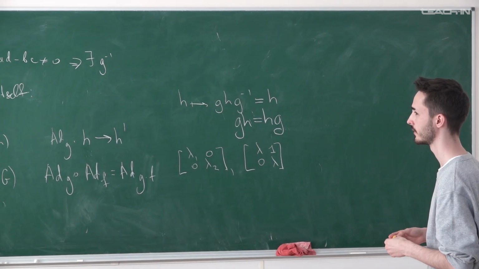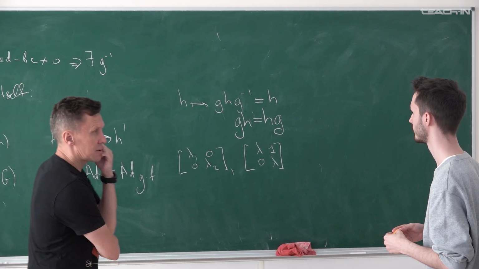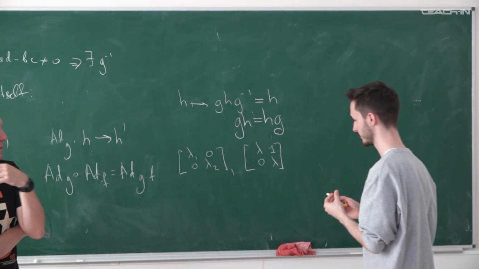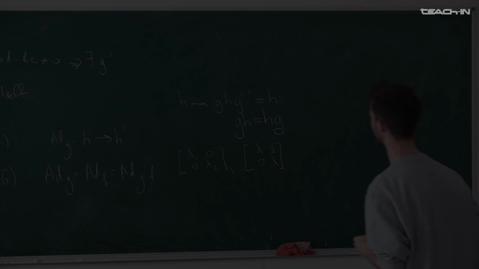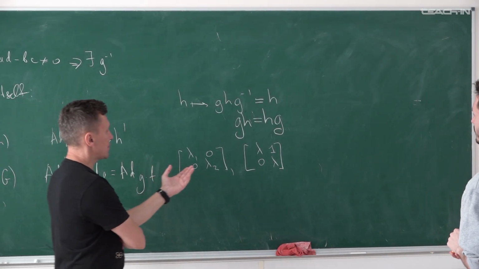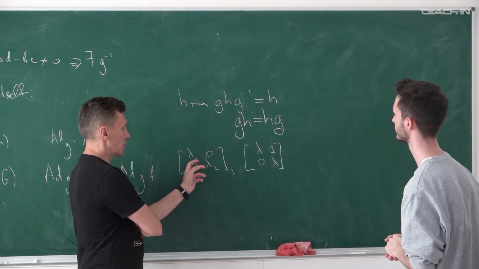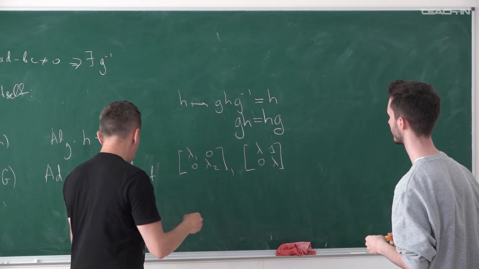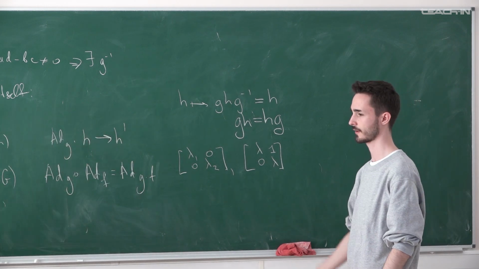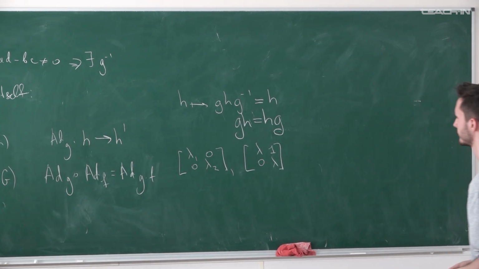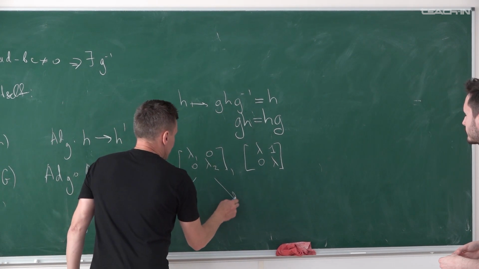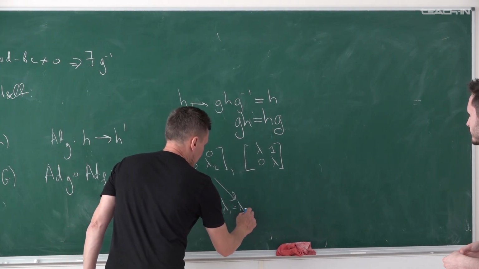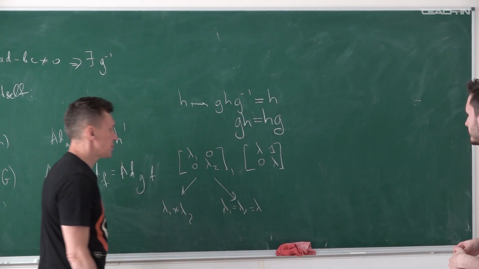Very good. What are the stabilizers of these orbits, of the elements in these orbits? If a matrix lies in such a generic orbit for different lambda 1 and lambda 2. So I propose to distinguish the case of coincident and different: lambda 1 is not equal to lambda 2, and lambda 1 is equal to lambda 2, lambda.